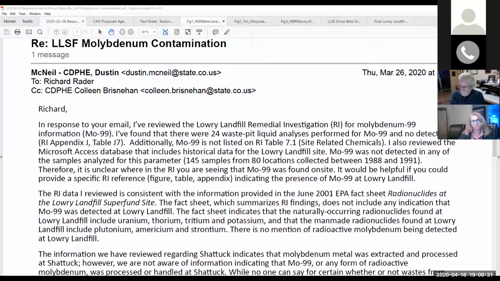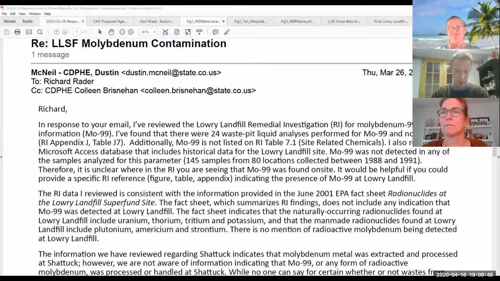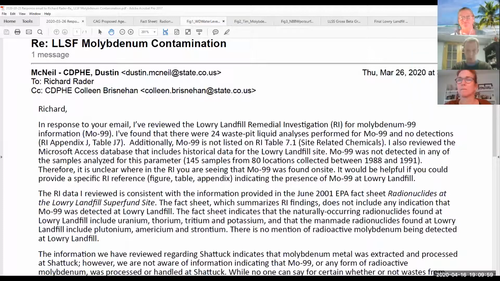So I went through the Lowry, the 8 volumes of the RI, looking for molybdenum-99 information, data, detections, etc. I was unable to identify any detections of molybdenum-99. It looked like there were 24 waste pit liquid samples collected, all analyzed for molybdenum-99, and those were reported as non-detect. I did move on and also looked at the Microsoft Access database that's provided routinely with the site status reports every 6 months.